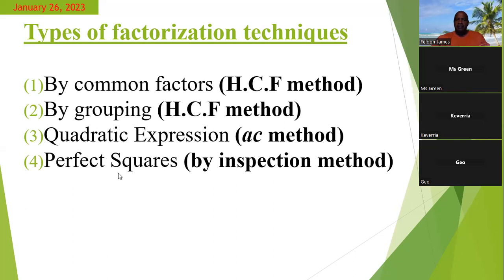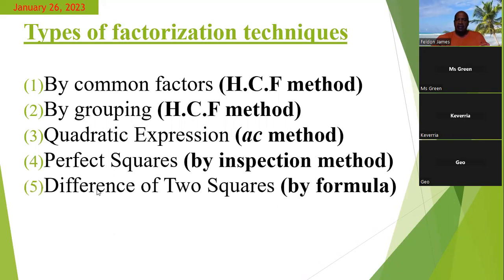But because the perfect square has a certain feature, we can just inspect what the characteristic feature of the perfect square is, and then from that we can just pull out what we have as a factor. All of this would have to be demonstrated for you to understand what I'm saying. I'm just telling you now the different types of techniques that we have.